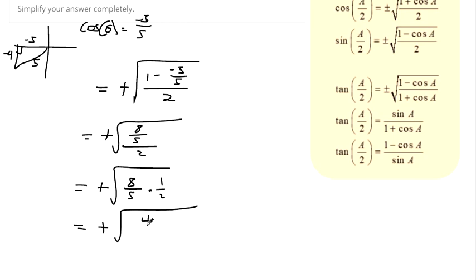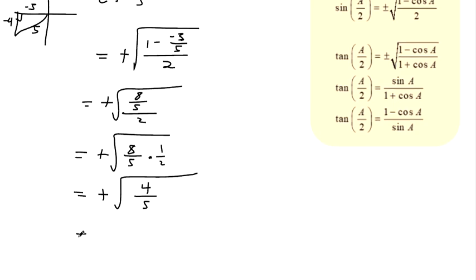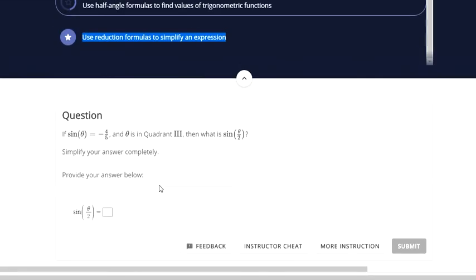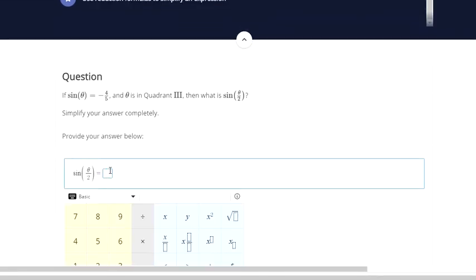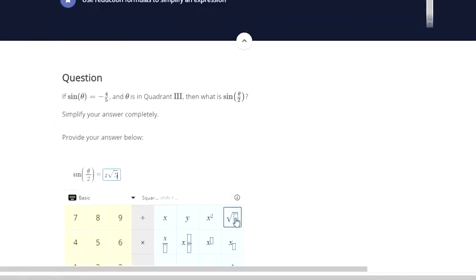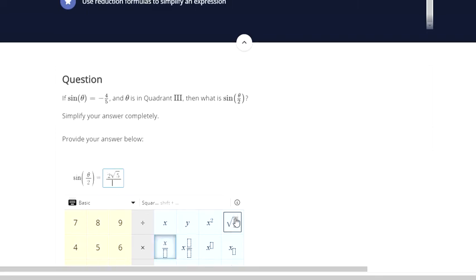So we're going to say 4 over 5, and then you could apply the square root to the top and to the denominator. So that's 2 over the square root of 5, which is the same thing as 2 square roots of 5 over 5, because you can multiply the top and the bottom by the square root of 5. So 2 square roots of 5 over 5.